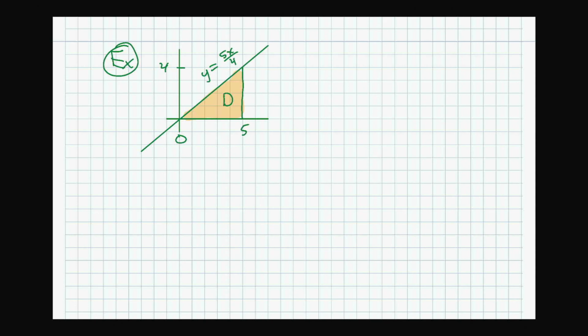Okay, and I want to evaluate the double integral over D of f of x, y, dA, where f of x, y could be any kind of function. I'm just going to pull one off as an example here. Let's say e to the 2xy.